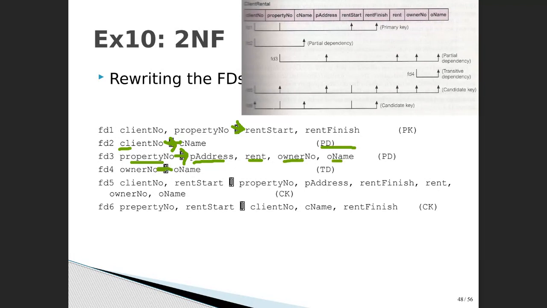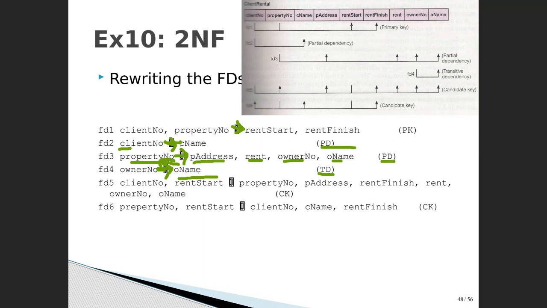Why? Because property number determines owner number, and owner number determines owner name. So owner name will be transitively dependent on property number. That's why we said it's transitive.